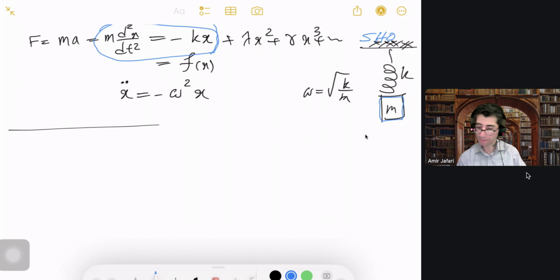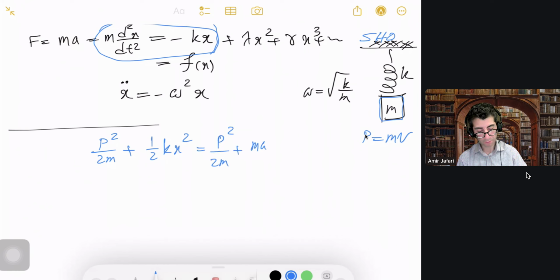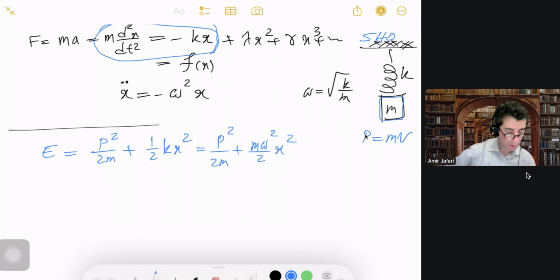It is p squared over 2m, where p is the momentum, by the way, mv, m the mass, v the velocity. And it also has potential energy, which can also be written in terms of the angular frequency in this form. So it's the energy of the system.